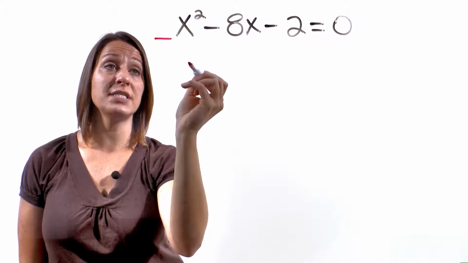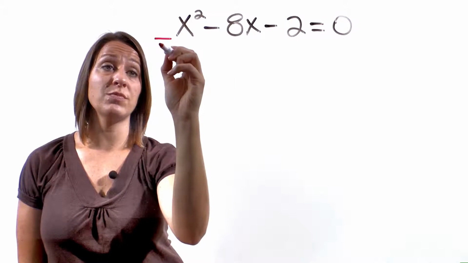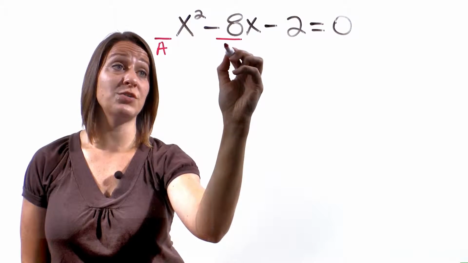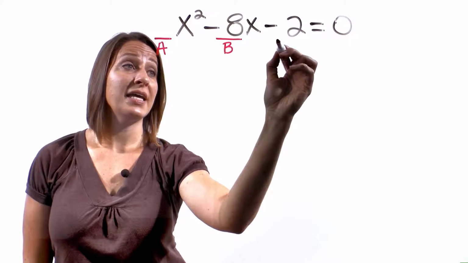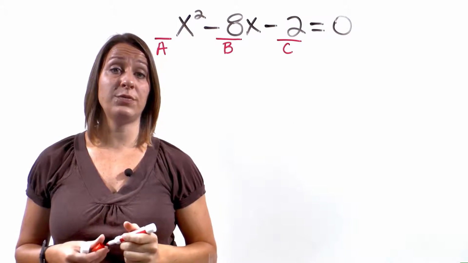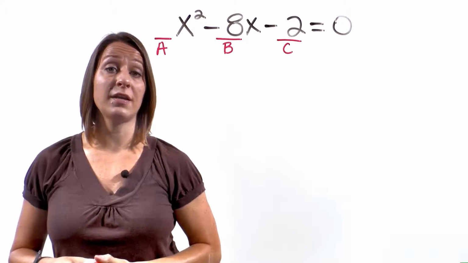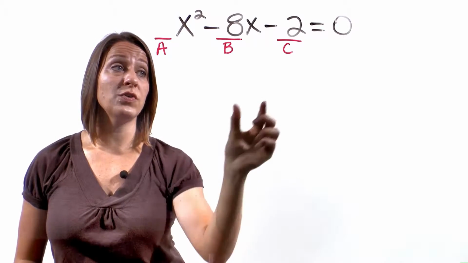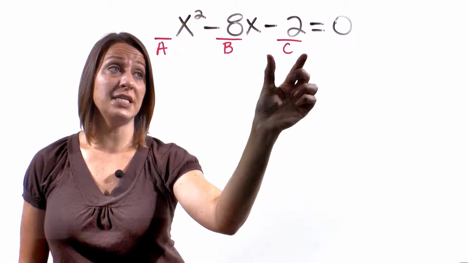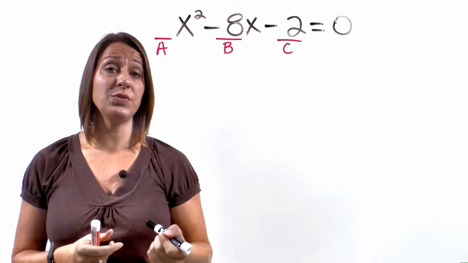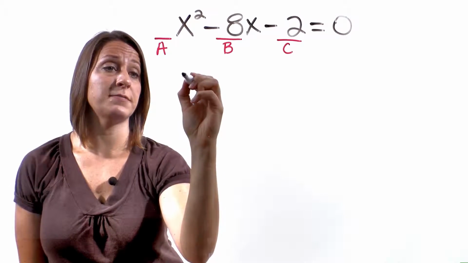The coefficient of the x squared term is a, the coefficient of the x term is b, and then the constant is c when it's equal to 0. So let's begin. The first step when you're completing the square is to move the constant, the c, to the other side. It's a minus 2, so we'll add 2 to both sides.